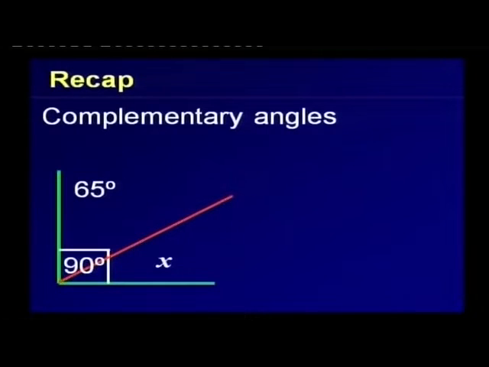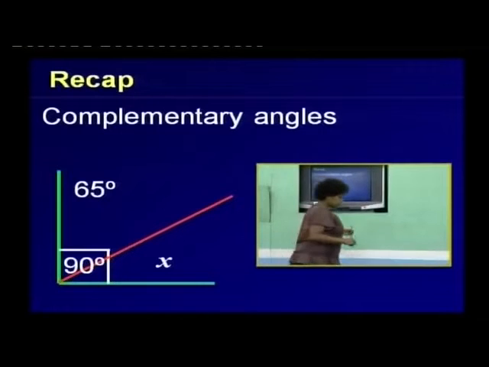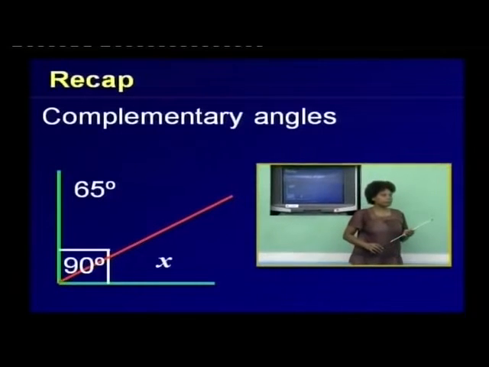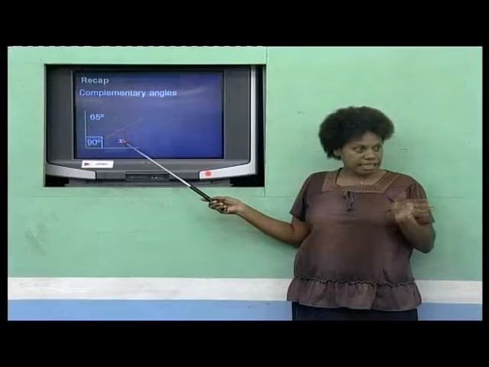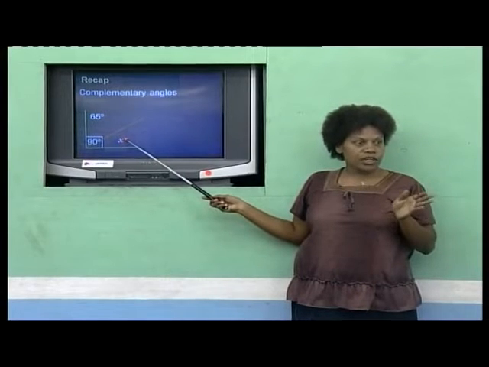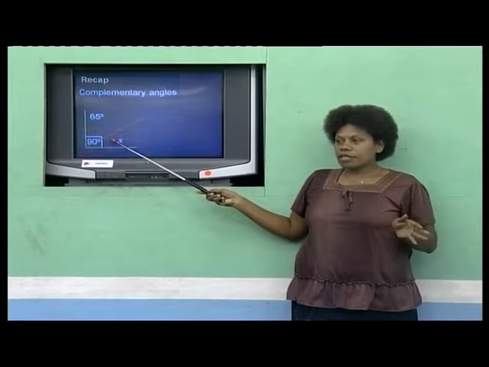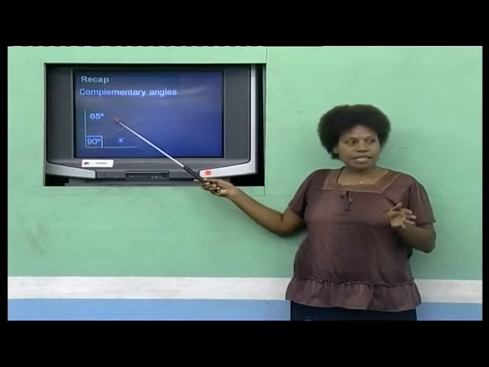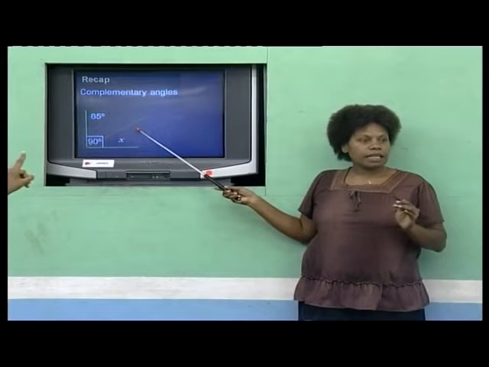I'd like you to work it out quickly. Now remember that the sum of this right angle is 90 degrees, okay? So you already know 90 degrees. The sum is given as 90 degrees. So if 65 degrees is given, what would be the other angle?